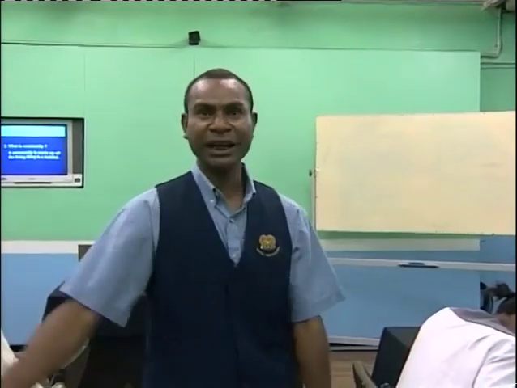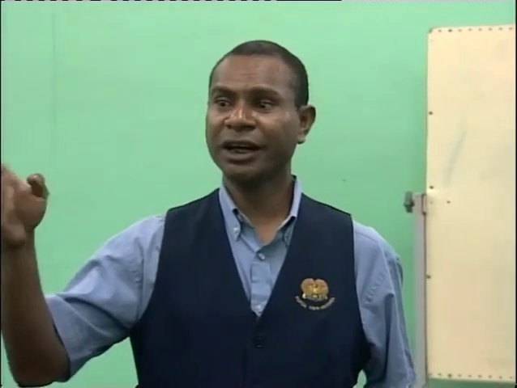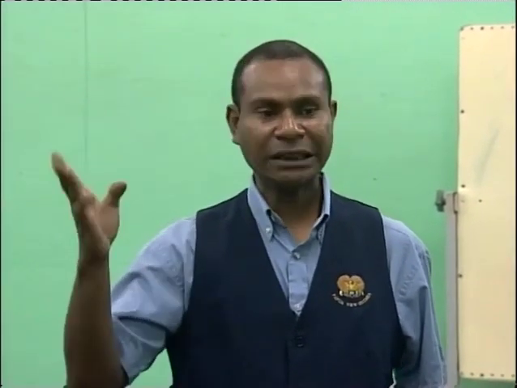Any others who would like to give us an answer? John. Habitat is a place where plants, insects, and animals live. Three things: plants, animals, and insects. All right, thank you for the answer, John.